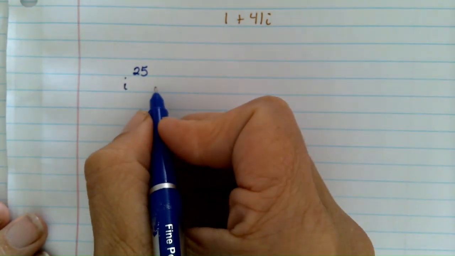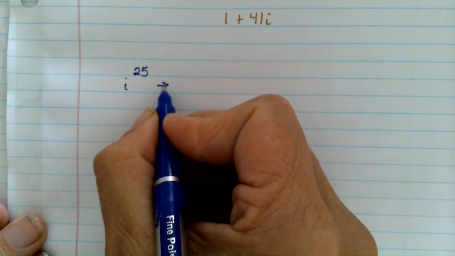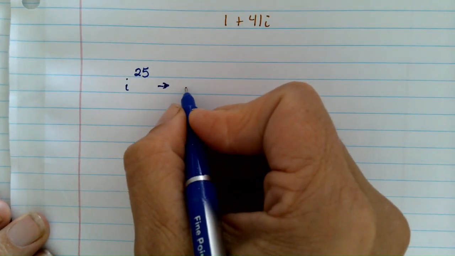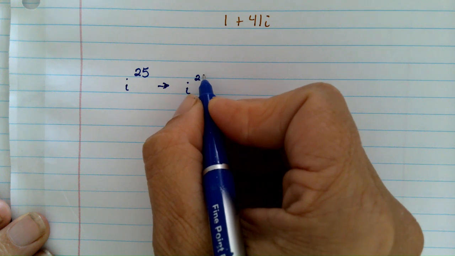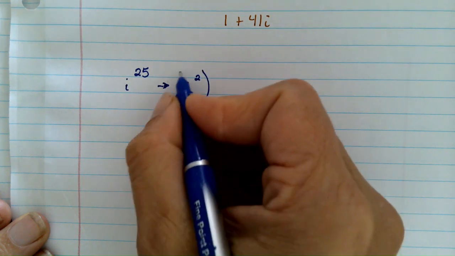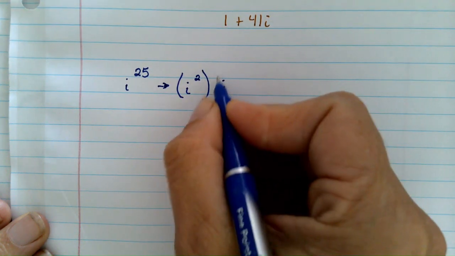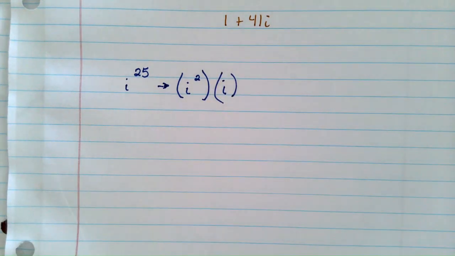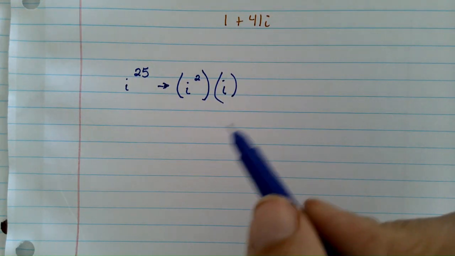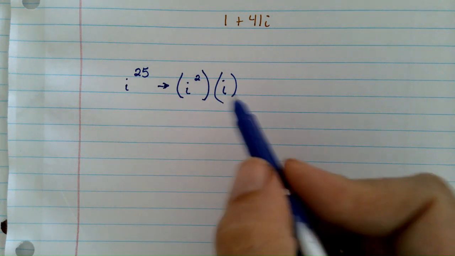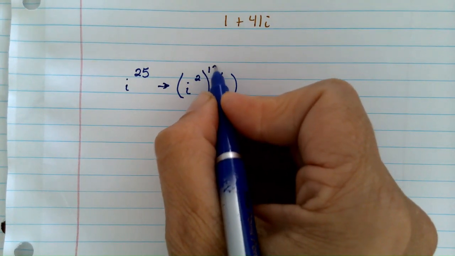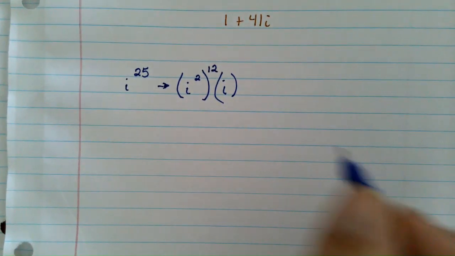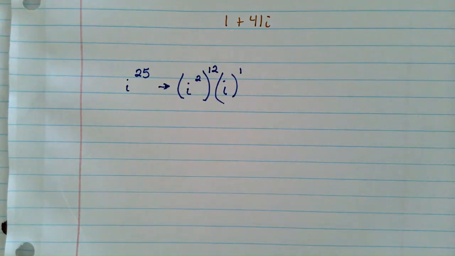Well, i squared, I know. But I need 25, and I'd like to not have an exponent on this. Would you agree that that's the same thing? Because 2 times 12 plus 1 is 25, right?